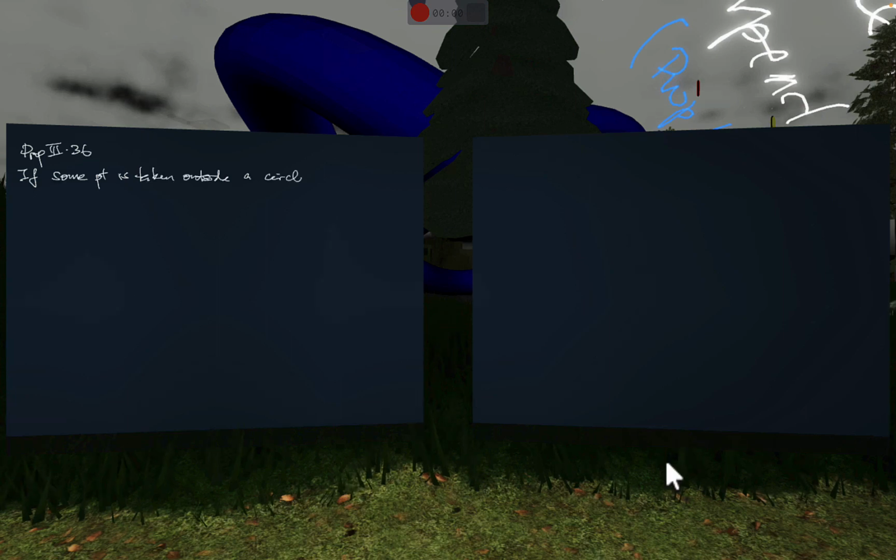So the statement is a mouthful, but it's essentially the external version of 35. So if some point is taken outside a circle, and in fact, I think the statement will take up the whole page.